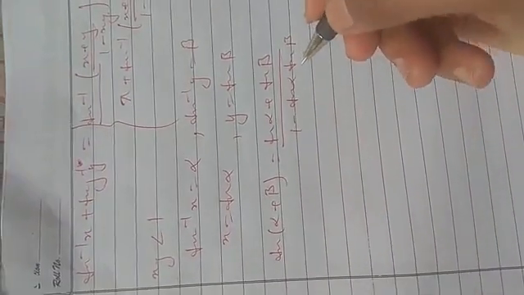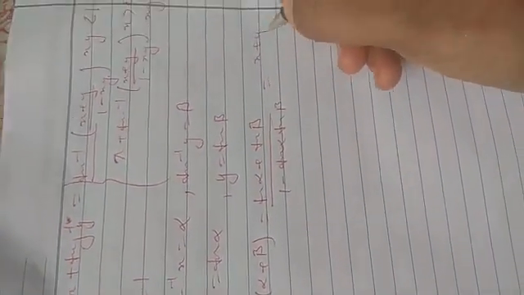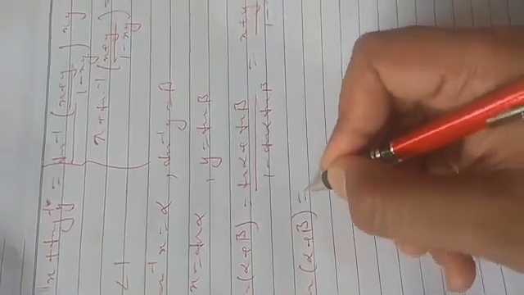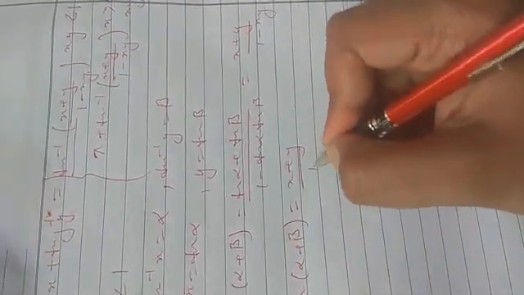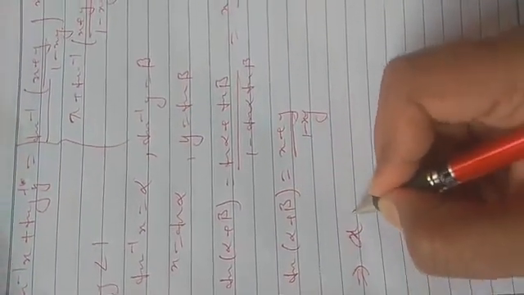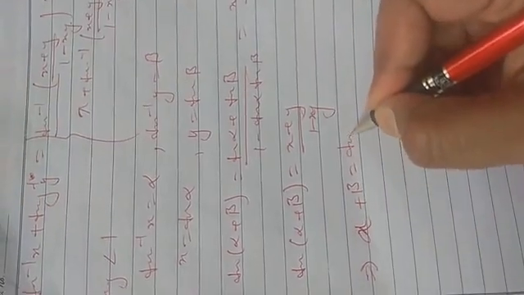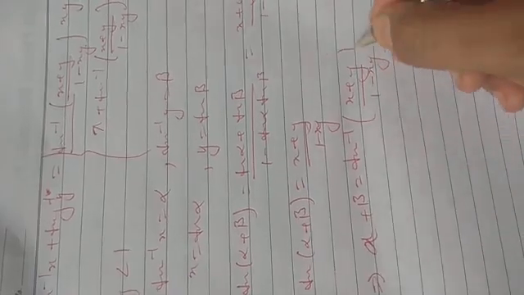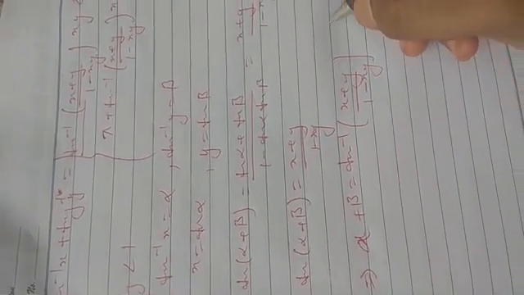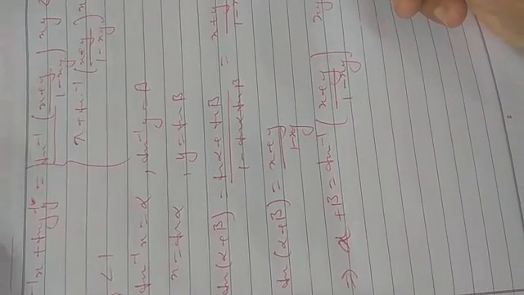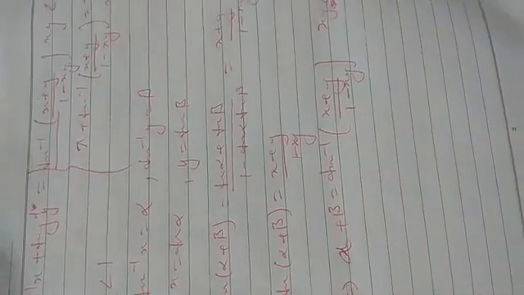This is the basic tan (A plus B) formula. So we will get (x plus y) upon (1 minus xy). This implies that tan of alpha plus beta equals (x plus y) upon (1 minus xy), which implies that alpha plus beta equals tan inverse of (x plus y) upon (1 minus xy). This is the result for xy less than 1, only less than 1, not equal to.